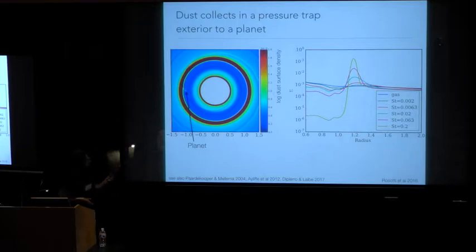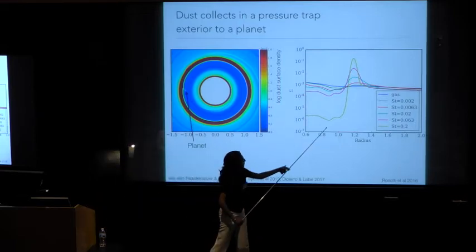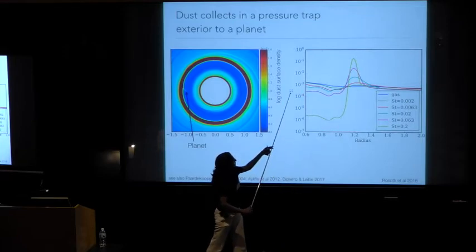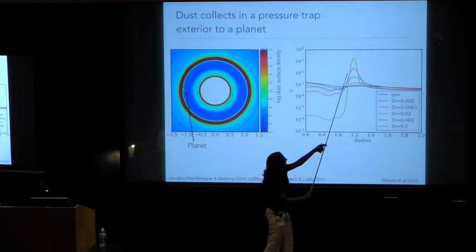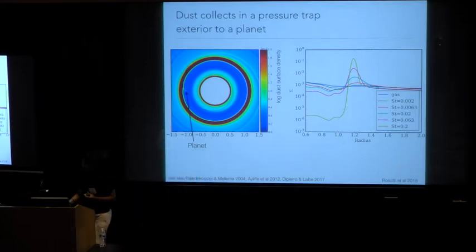Now, this is a study by Giovanni Rossotti, where he actually shows this, but other authors also show this. So the planet is at R equals 1. This is the surface density. And what he shows is that you get a ring exterior to the planet in many of the different particle sizes that he considers.